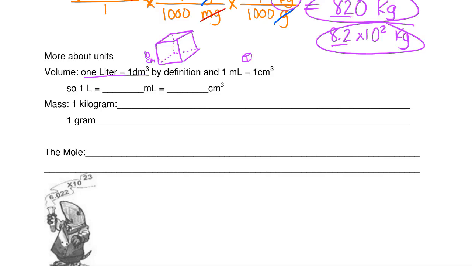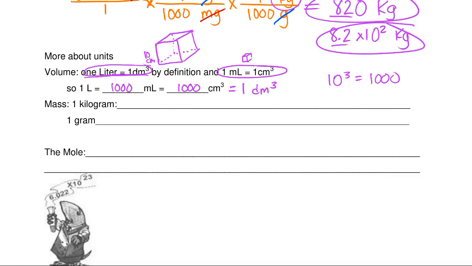So these equivalencies are important to remember. So 1 liter equals 1,000 milliliters, which equals 1,000 cubic centimeters, which of course equals 1 cubic decimeter. Think about the fact that if a decimeter contains 10 centimeters, 10 cubed is 1,000. So mass.